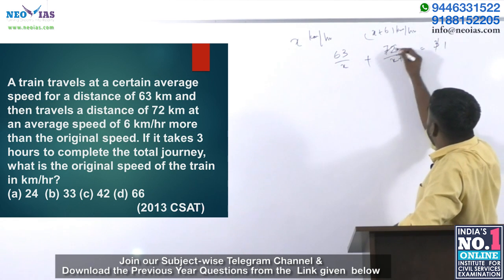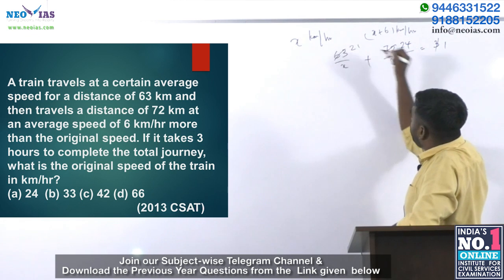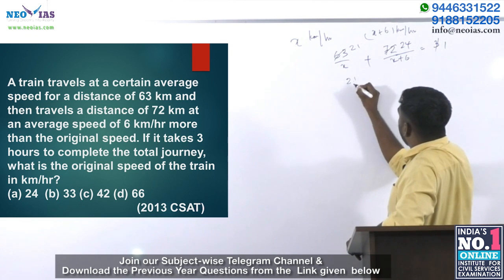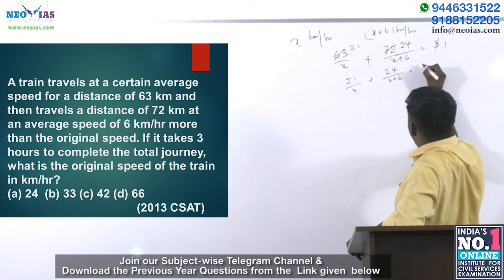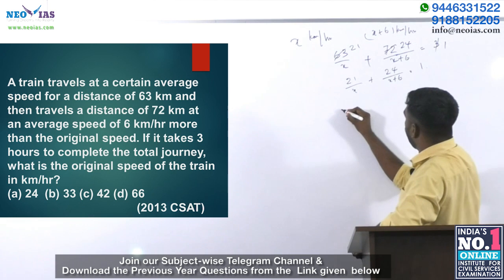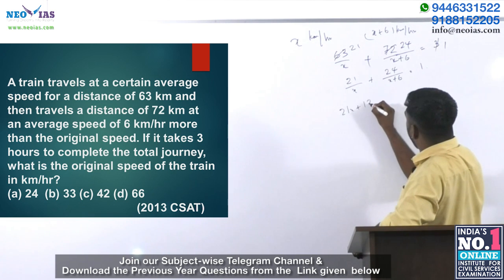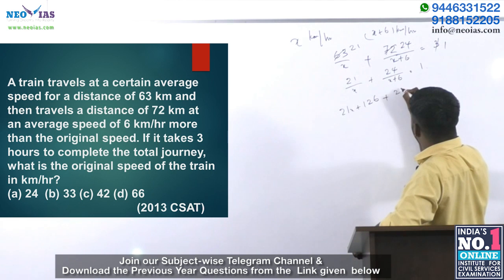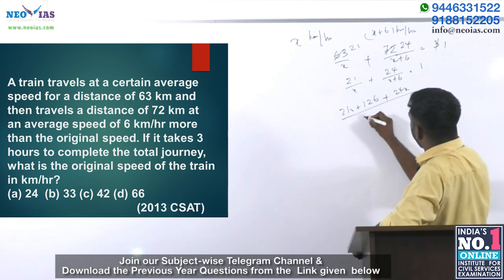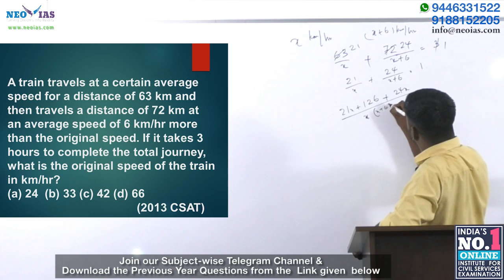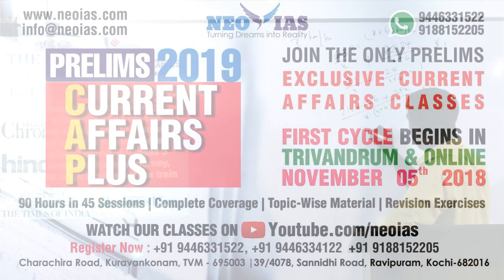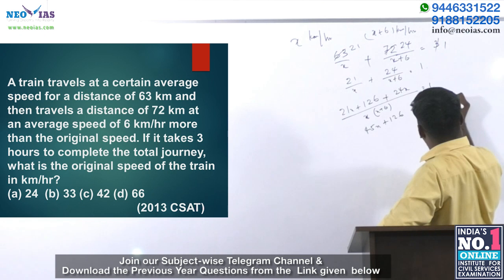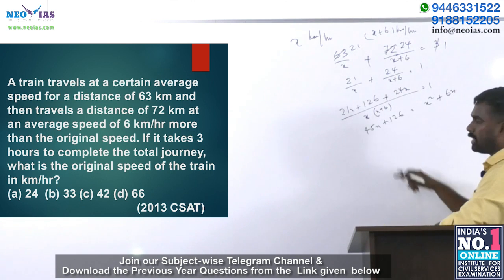So here we will reduce it by 3, into 21 and 24, to make our calculation easier. So it becomes 21 by x plus 24 by x plus 6 equal to 1. You will solve how? 21x plus 126 plus 24x, by x into x plus 6, equal to 1, right. 21 plus 24, 45x plus 126 equal to x square plus 6x by opening the bracket.